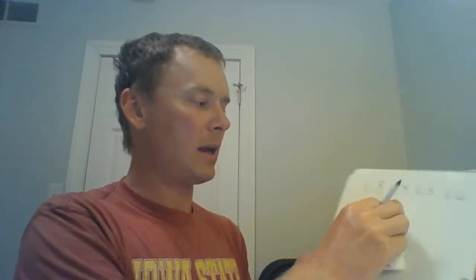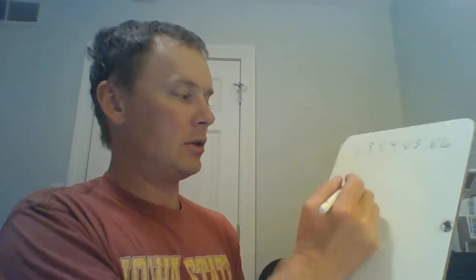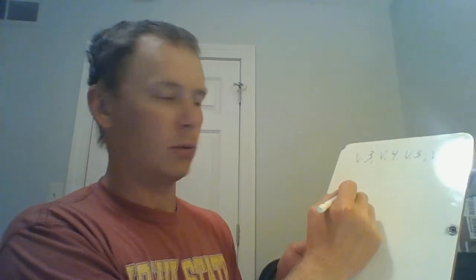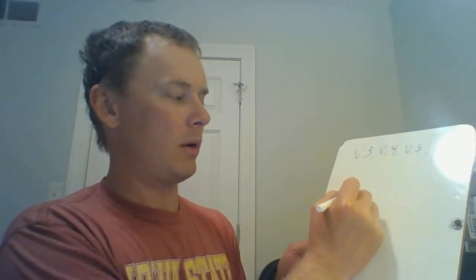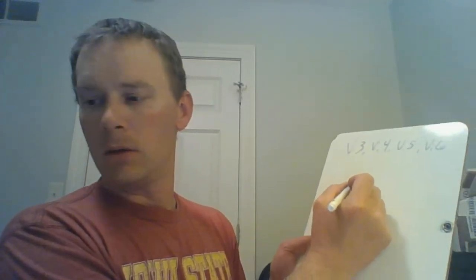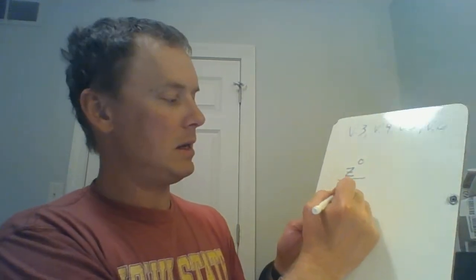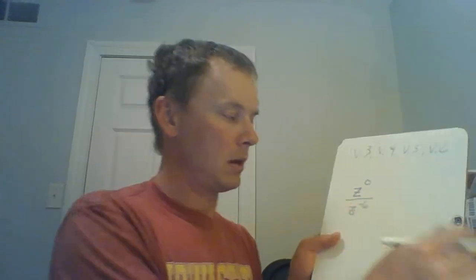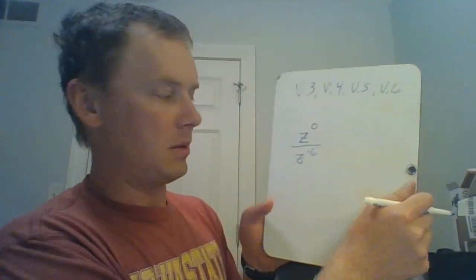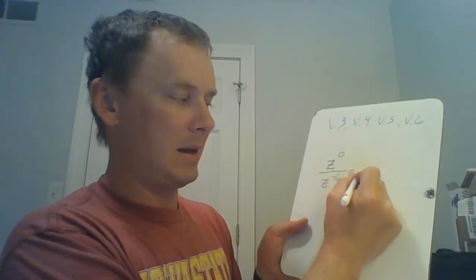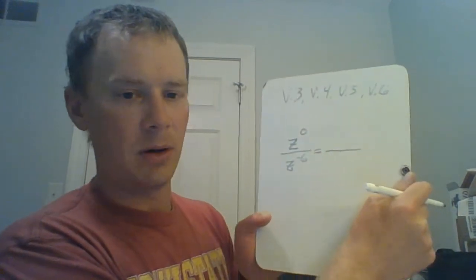So I was looking ahead on these, and I saw a few problems that I thought might be good to go over. I think this one might be from V.5. So z to the 0 power over z to the negative 6. What do we do on simplifying something like this? Well, I like to start with the fraction bar.